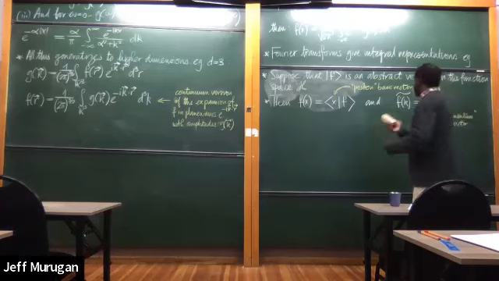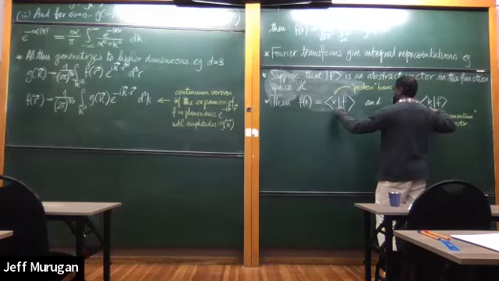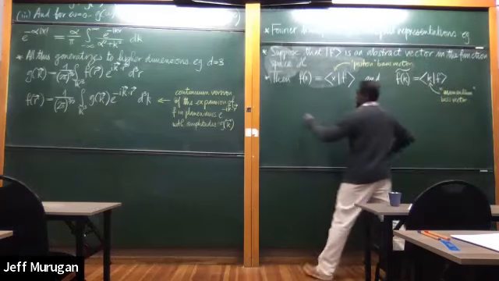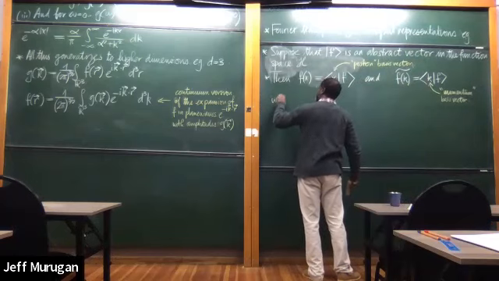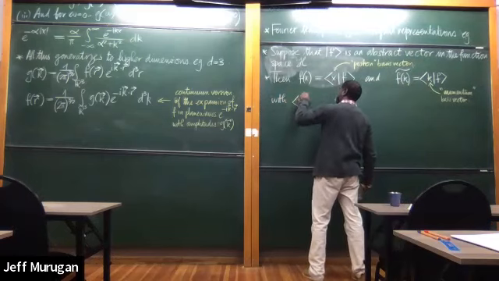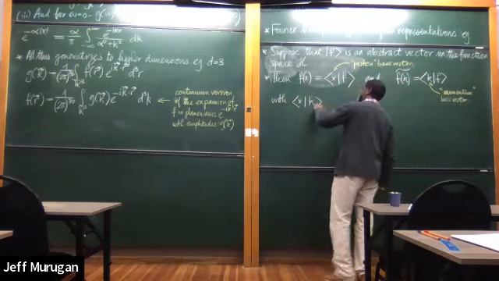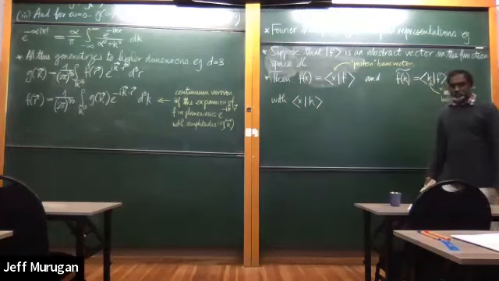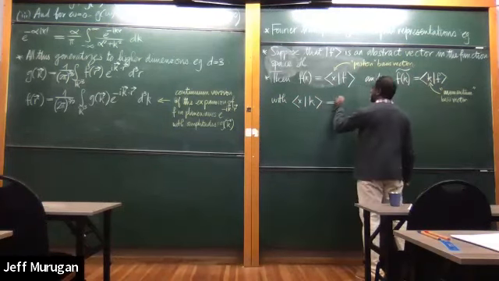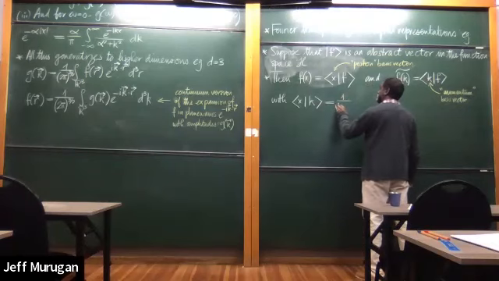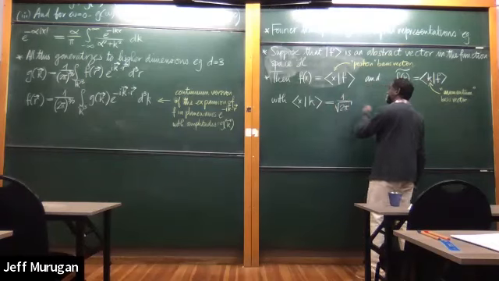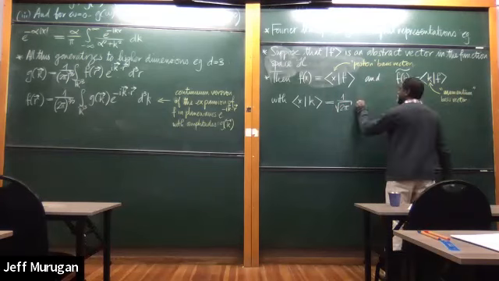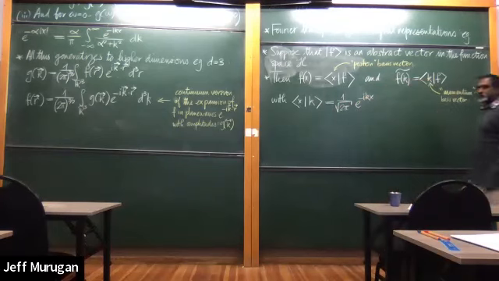Okay. And these two bases, the x and the k bases, are related to each other because if I take the inner product of x with k, then I get the plane wave, which I'm going to normalize by this factor of 1 over root 2 pi, e to the minus i k x.